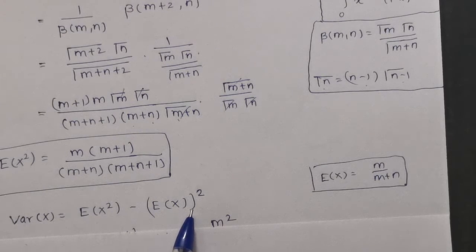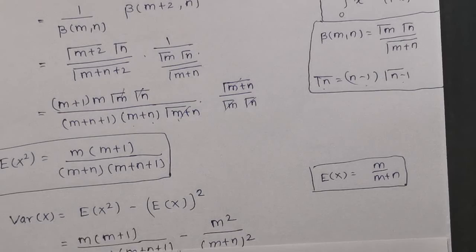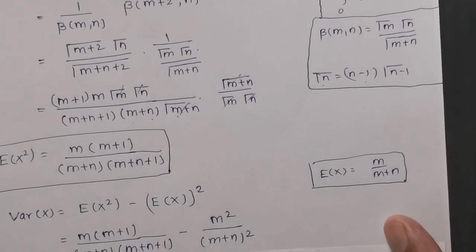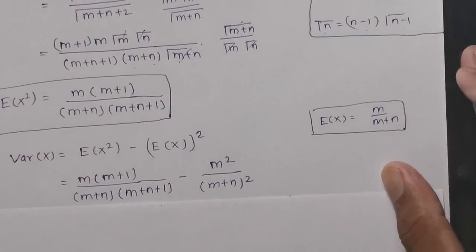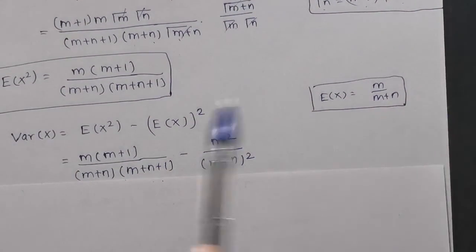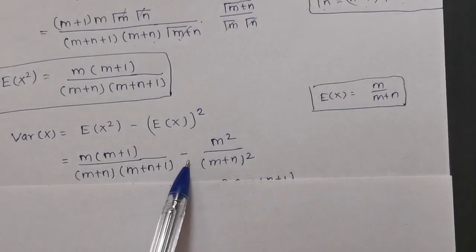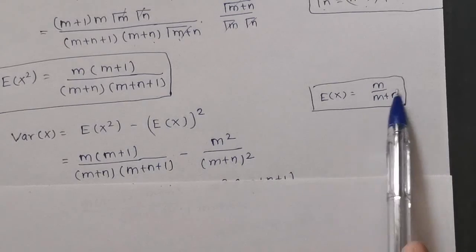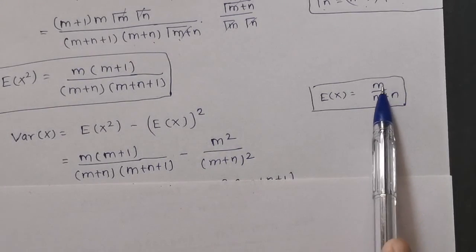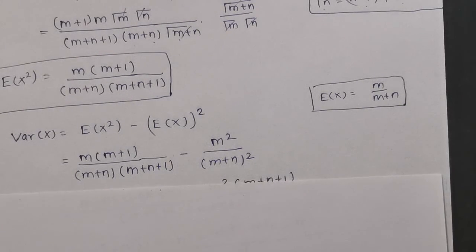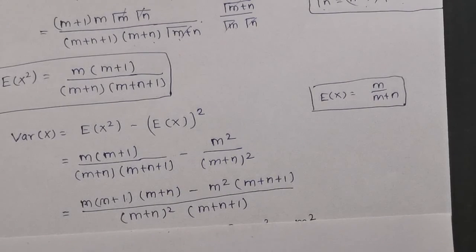The expected value of x square is m into m plus 1 divided by m plus n into m plus n plus 1, minus the expectation m upon m plus n, whose square is m square upon m plus n square. Now I solve this.